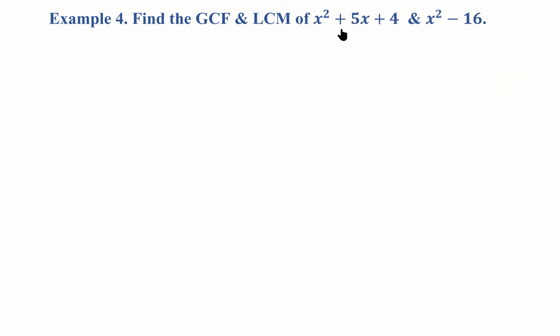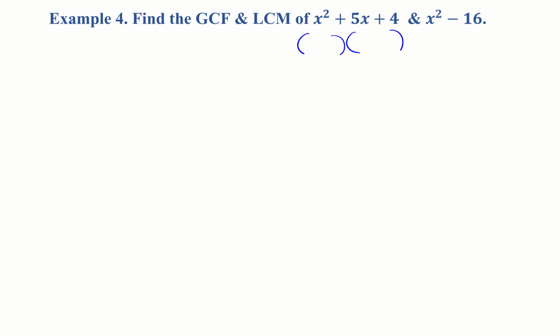All right, so here we're going to find the GCF and LCM of these two polynomials. Now, of course, before we do so, remember the procedure for both involves what? Factors, right? So before we can do it, we're going to go ahead and factor both of these expressions. So we notice the first one is a trinomial.